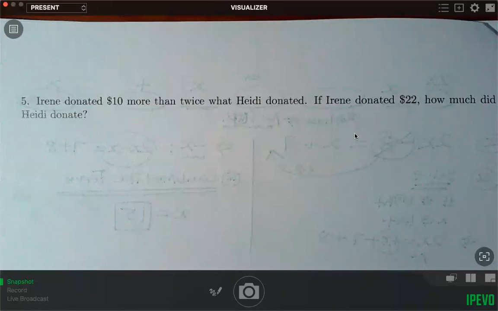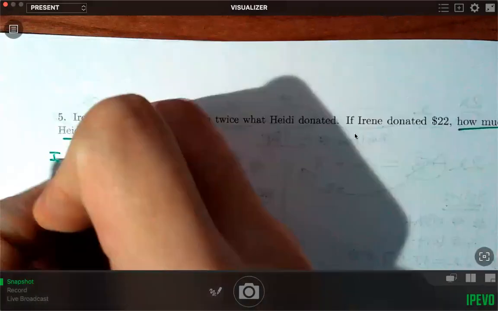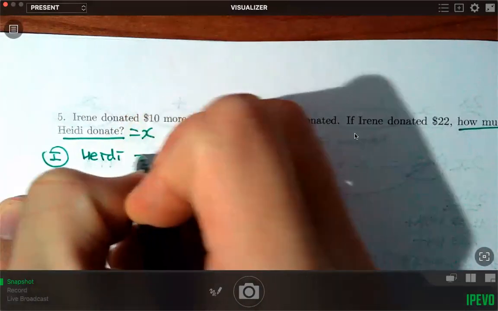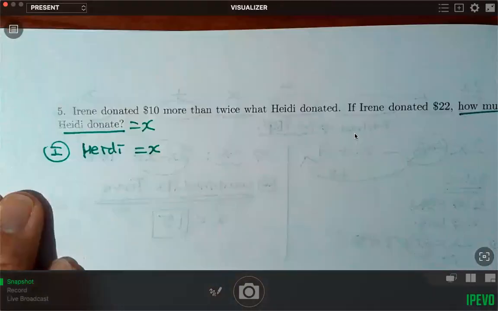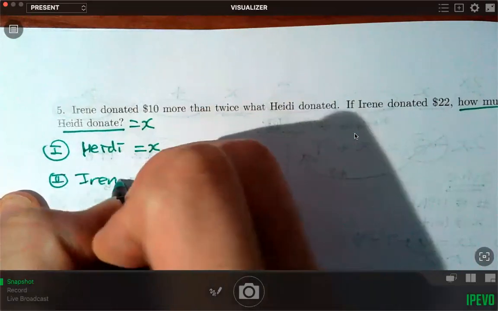Set x equal to Irene or Heidi? Heidi, right? So basically this last part is equal to x. So Heidi is equal to x, Heidi's donation. So now, from here, can you get Irene's donation?